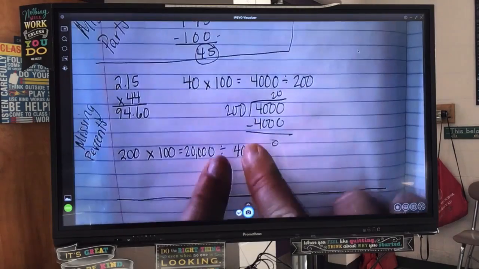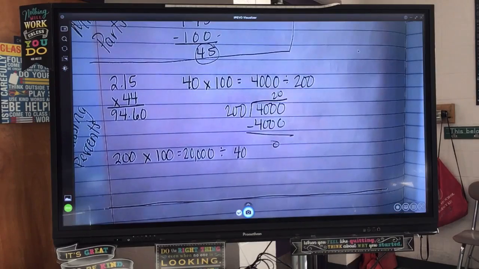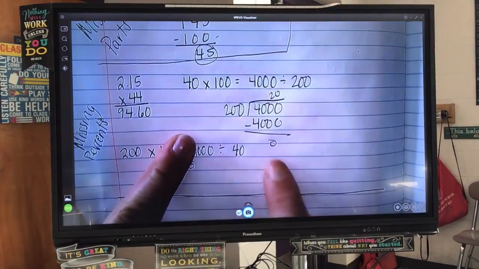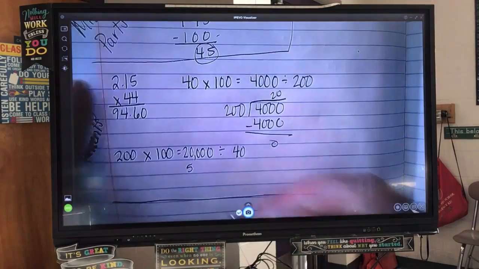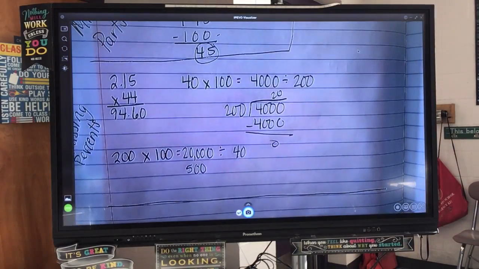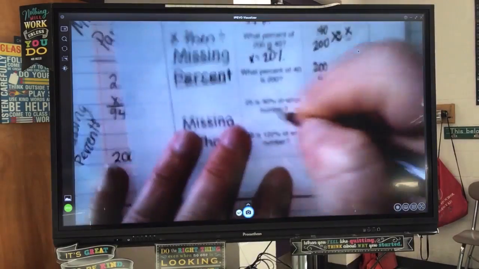Or I can just get rid of some zeros and think, okay, what is 20 divided by 4? 5. And then technically I'll have how many zeros left? 2. So your answer to this one, and y'all just gotta be able to divide, that is a super easy set of numbers to divide. So your answer for this one is 500%.